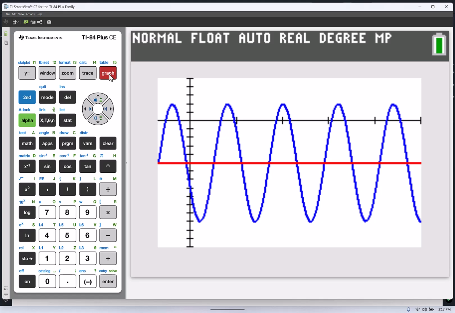All right, let me see, guys. You haven't put the minus 5.